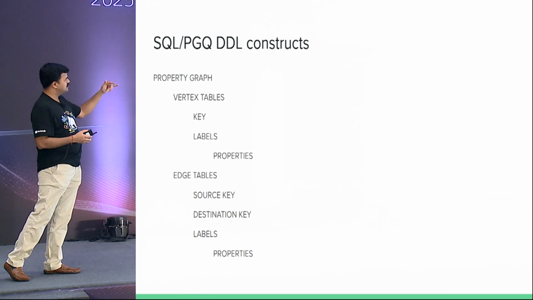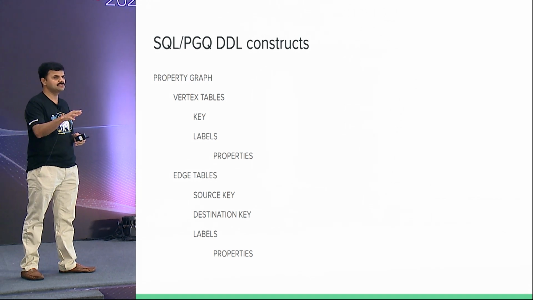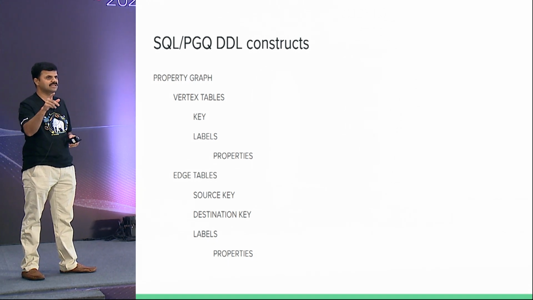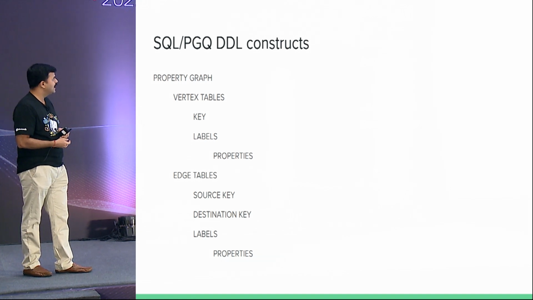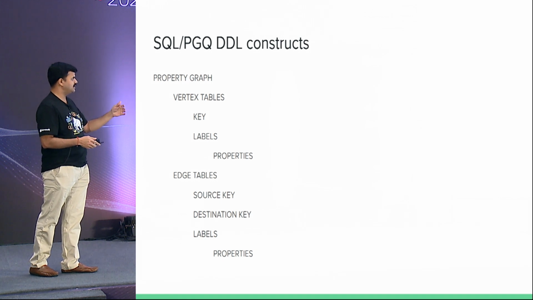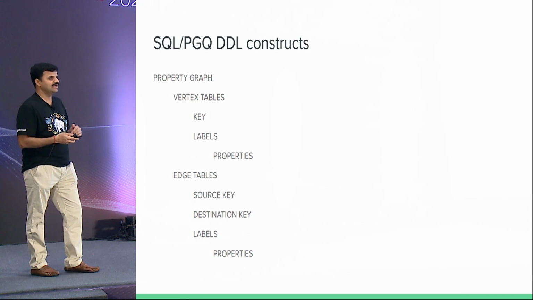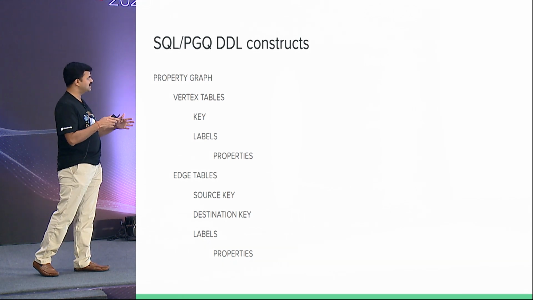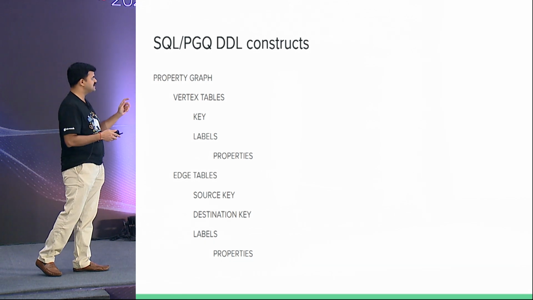Each of these tables can have multiple labels, allowing it to be part of one of the classes in the graph, or classes of nodes. And each of these labels can expose the underlying columns as properties.